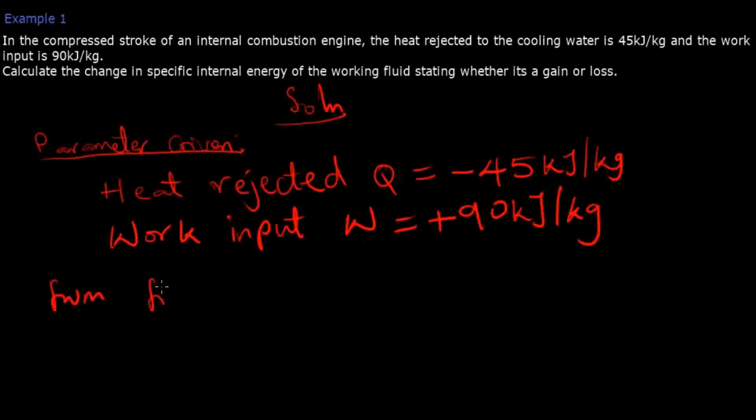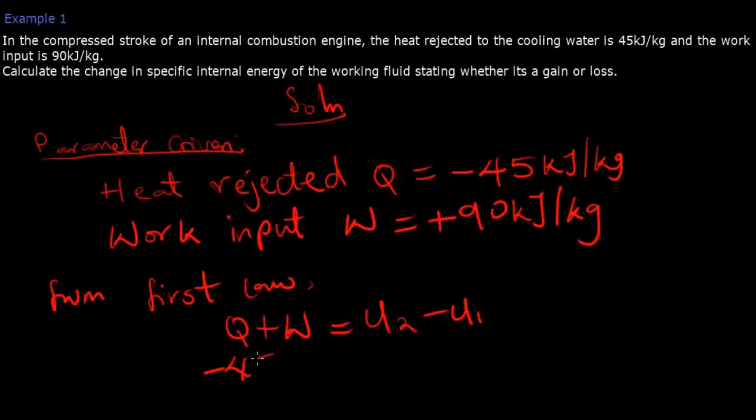From the first law, just like we derived, we have that Q plus W is equal to U2 minus U1. So substituting the values into the equation, we have minus 45 plus 90 is equal to the change in internal energy.